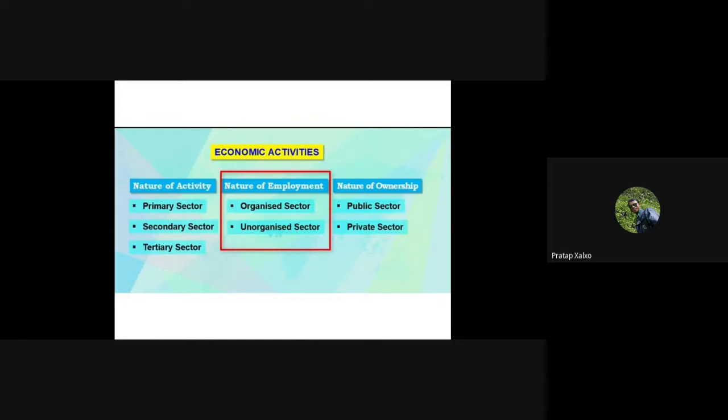Now, coming to the next part, we'll learn about organized and unorganized sectors. What is an organized sector? It is an enterprise registered by the government that follows its rules and regulations.